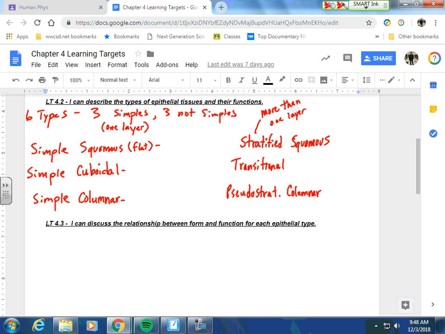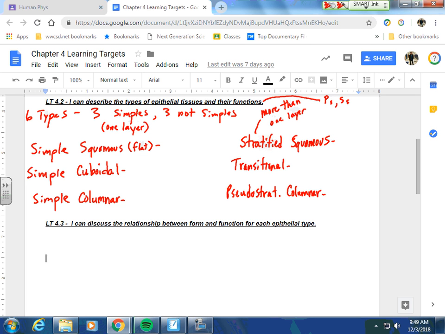Now, I don't want to say too much about functions here because, as you know, when we get to Learning Target 4.3, it's very similar in terms of talking about the functions of these different types of epithelial tissues. But what are they most important for? If you remember from the epithelial tissue notes, I put PS. But really, it's P's and S's.